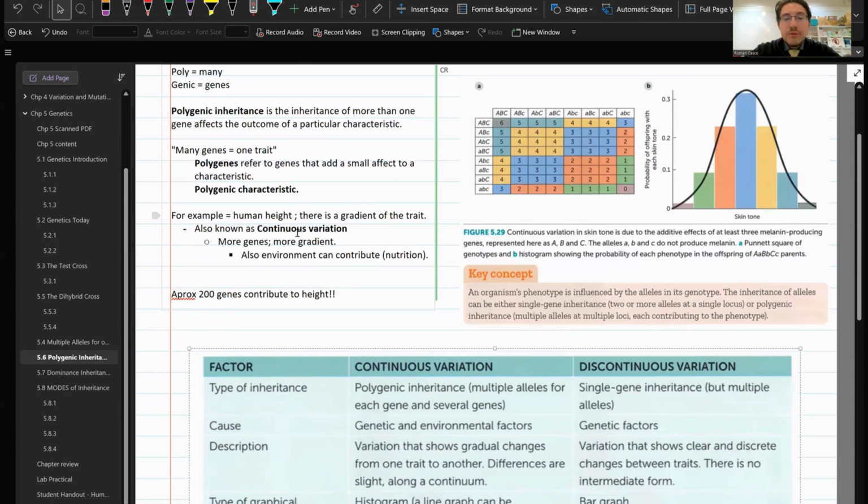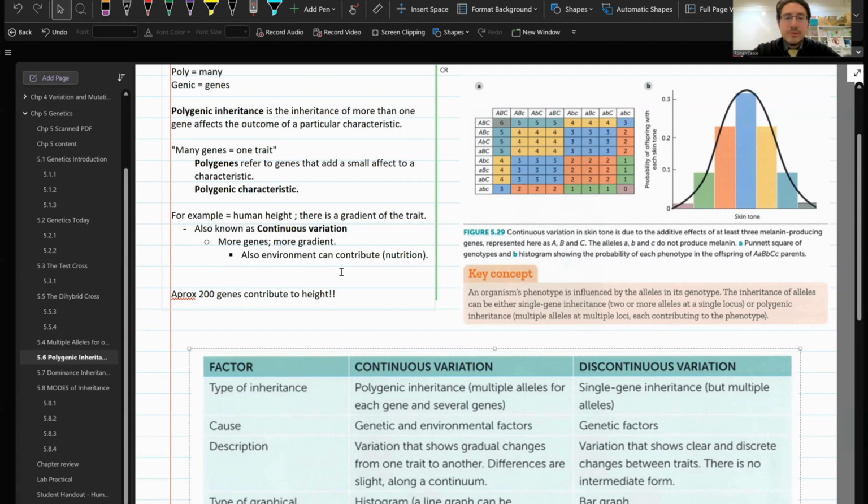It's also referred to as continuous variation. Generally, when you have a characteristic that has more genes, there are more combinations of genes that could be dominant and recessive, so you'll tend to have more gradient. The more genes you have, the more of a gradient there is.